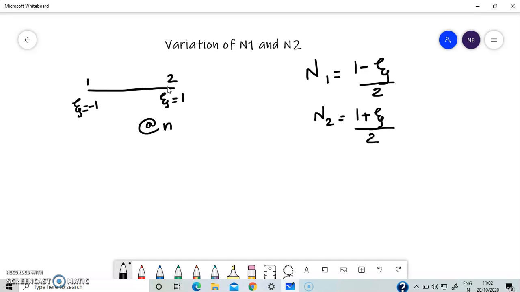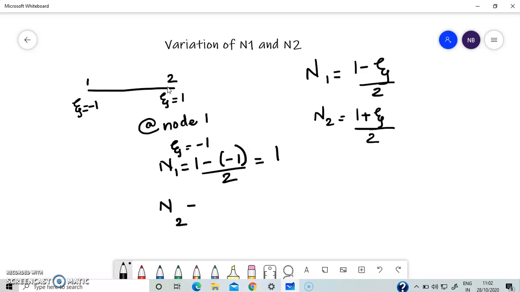At node 1, zeta equals -1. Substituting this in the formula for N1, we get (1 - (-1))/2. This equals 1. Similarly, N2 equals (1 + (-1))/2.